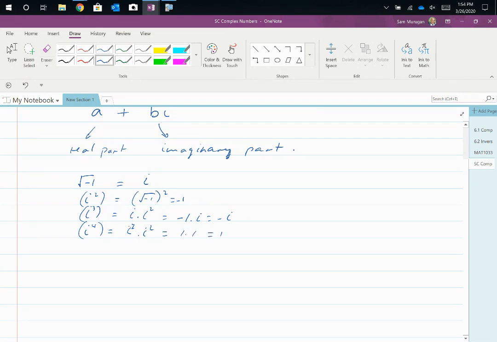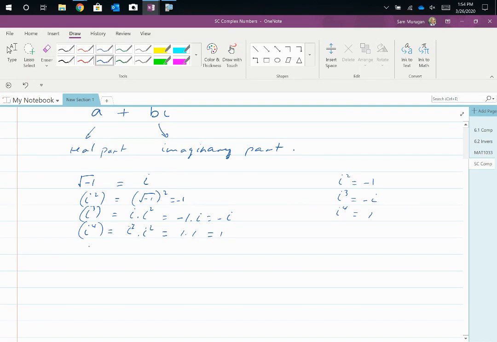I want you to see the pattern here. i squared is -1, i cubed is -i, i to the 4th power is 1.